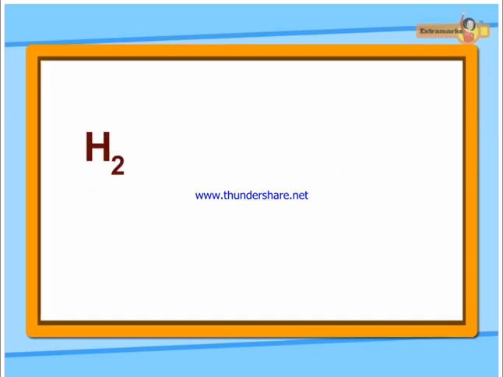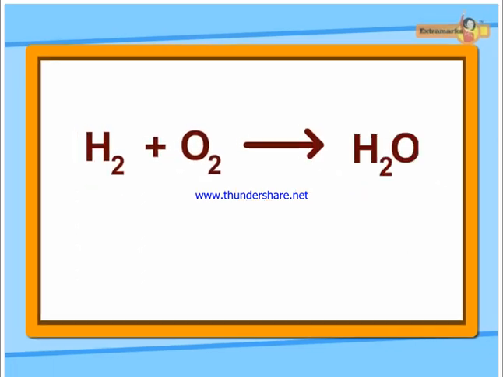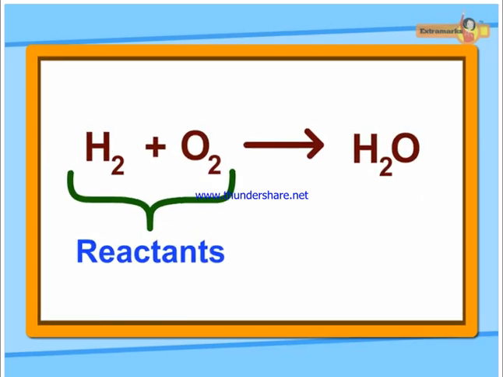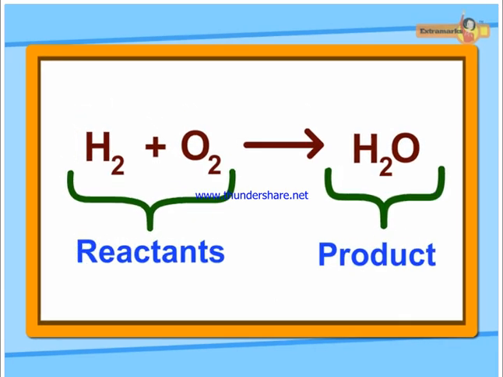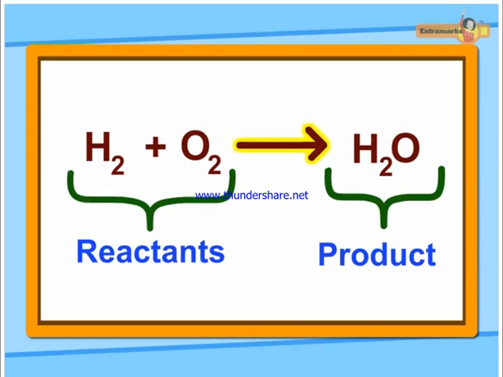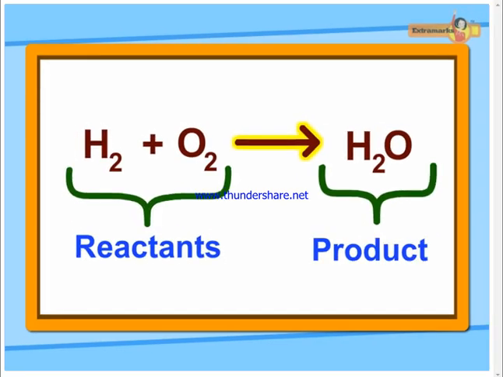In this chemical equation, the substances on the left side of the equation are called reactants, and the substances on the right side are called products. Plus sign is written between two reactants or products. An arrow separates the reactants and products in order to show the direction in which the reaction is taking place.